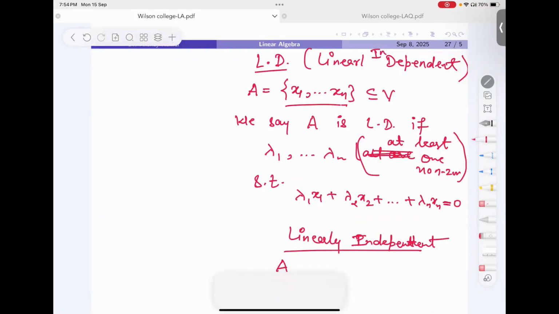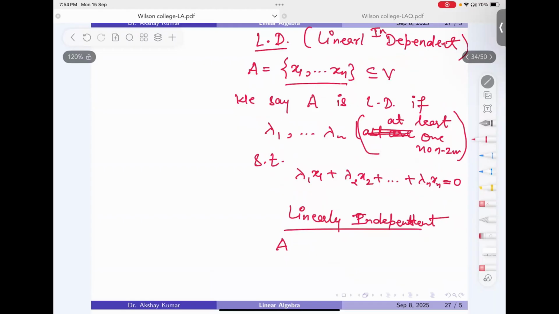If this is linearly dependent, if you can find these scalars such that at least one of them is non-zero and this is 0.